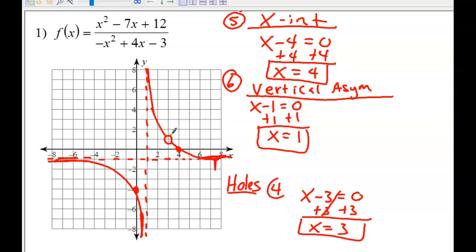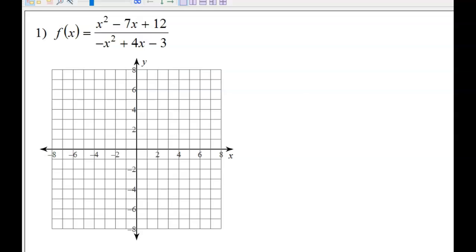It's always valuable to know how to find an X-intercept. It's always valuable to know how to find a vertical asymptote, especially in calculus. Holes are important in calculus too. So every one of these steps is really valuable. I'm just giving you a package deal where you put it all together and you can create a graph. But really, if you want to graph these, it's obviously too tedious. Much easier to just use a graphing calculator or something. But there's a lot of valuable stuff in this exercise, so it's worth doing.